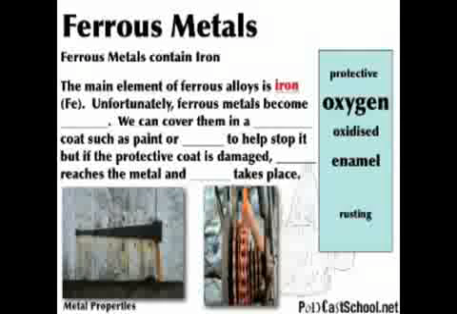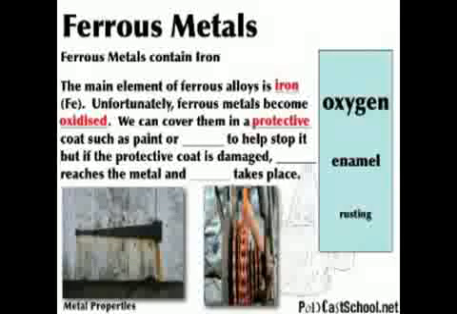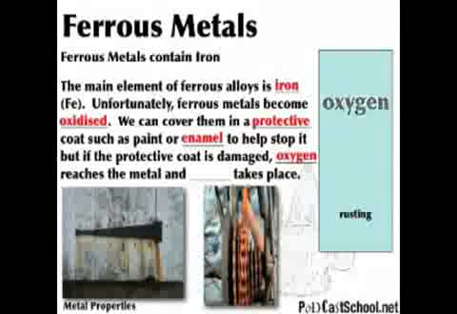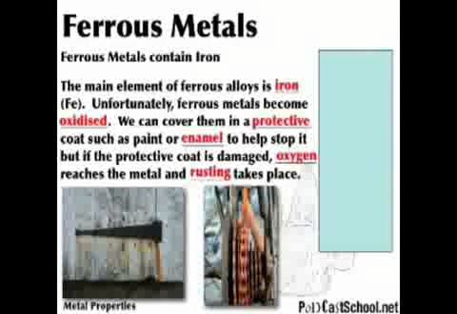Now, unfortunately, ferrous metals become, that's right, oxidized, and we can cover them in a protective coat such as paint or enamel. Enamel is just a type of protective coating to help stop it, but if the protective coat is damaged, of course, the oxygen reaches the metal and rusting takes place.